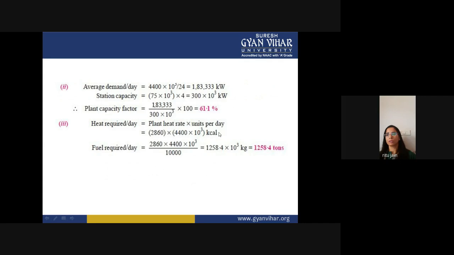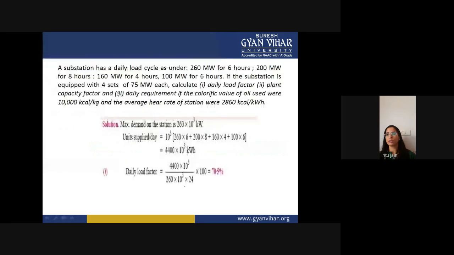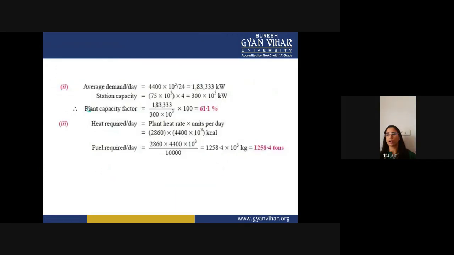So this is the heat required, which is in kilocalorie. And if you want to calculate the fuel, you have to divide this heat by 10,000 kilocalorie per kilogram, the calorific value of this fuel, and you will get the fuel required in kilogram.